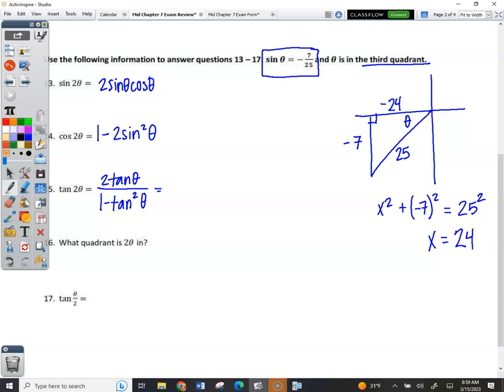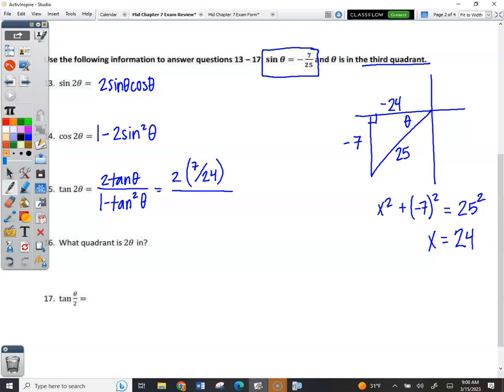What's my fraction for y over x from this picture? Y over x from this triangle would be negative 7 over negative 24. What's a negative over a negative? A positive. So when I come right here and write 2 parentheses 7 over 24, do y'all see where that came from? I went ahead and made it positive.